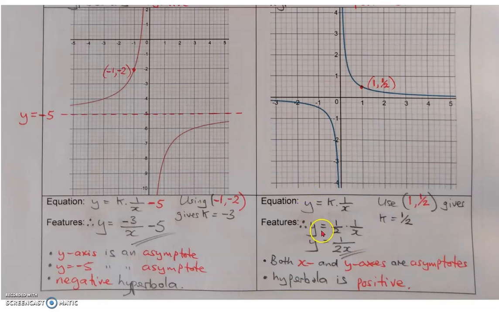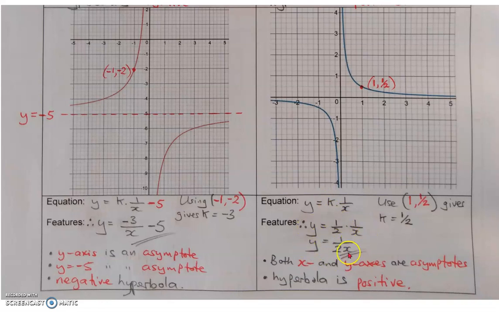So k comes out because it's 1 over 1, and so it's 1. So it's 1 times k is equal to 1/2. So k is equal to 1/2. And you put the half back where the k was, and there's your equation there.